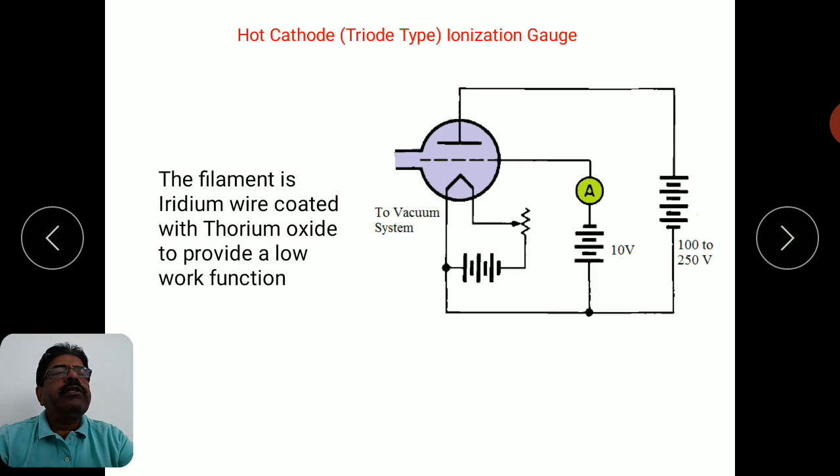You can see this triangular one, this is the filament, it is heated with some low tension supply, and you can see this electrode, which is the second electrode, and it is kept at a very high positive potential, 100 to 250 volt approximately. Because of this high positive supply, the electrons generated here will be accelerated to this plate. In between, they will collide with the gas molecule, producing positive ion and electron.